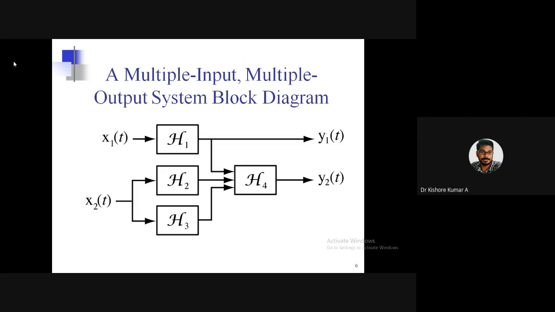You will get two outputs, y1 of t and y2 of t. y1 of t is directly taken from the h1 response to x1 of t, whereas h4 is the combination of h2 and h3 outputs, and finally it is taken as y2 of t. So there are two inputs: x1 of t is applied to h1 and x2 of t is applied to h2 and h3. This is a simple representative example of a multiple input, multiple output system block diagram.